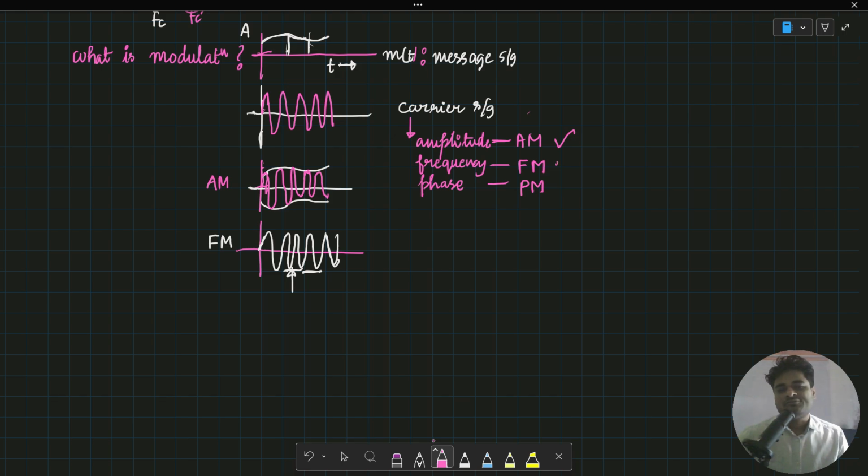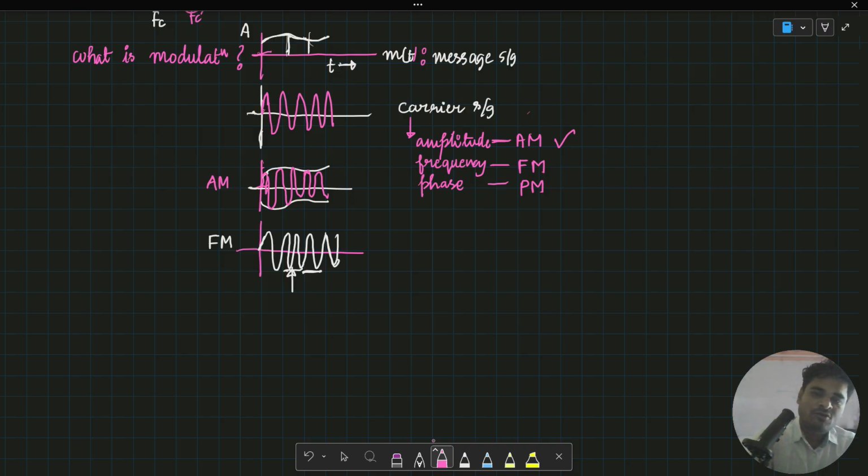We are using a very technical word, modulation, but it simply means that if we are changing amplitude, it is called amplitude modulation. If we are changing frequency of the carrier signal as per the information of the message signal, then it is called frequency modulation. And similarly you can understand phase modulation.